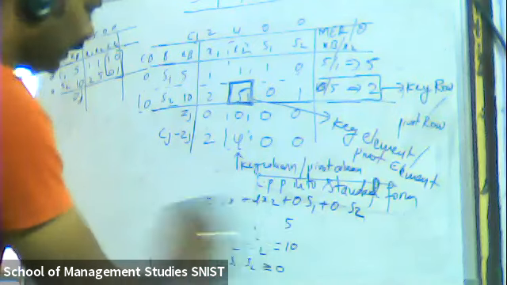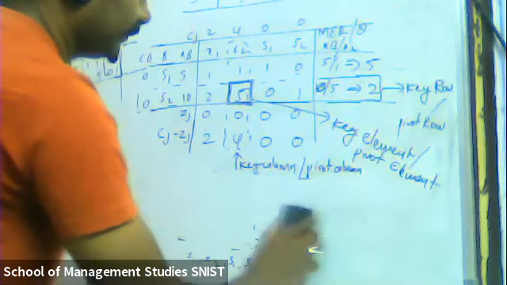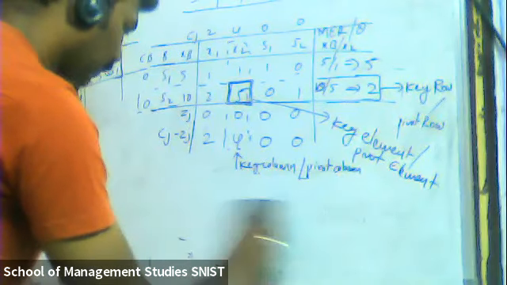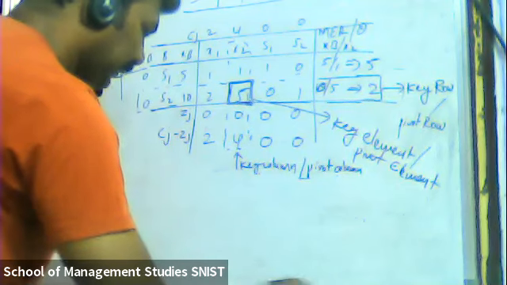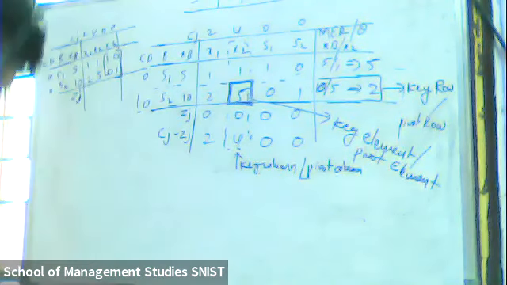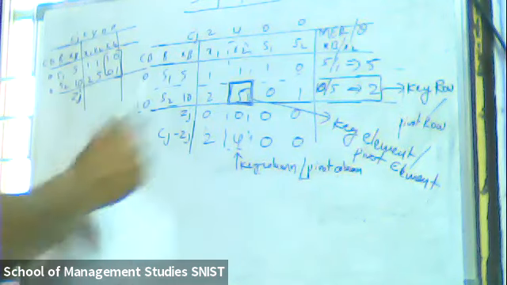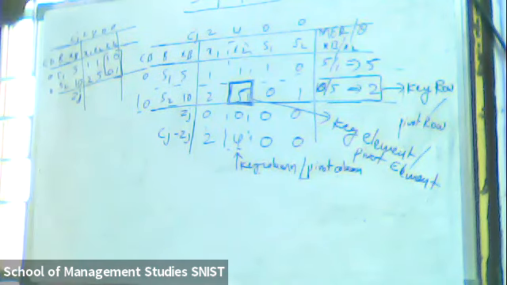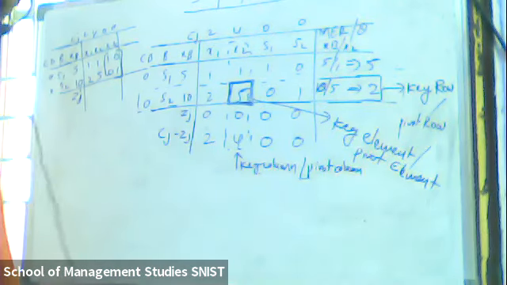Fine. Now see, next step. Now again we are going to write one more statement after this. Which one is the key row? S2.